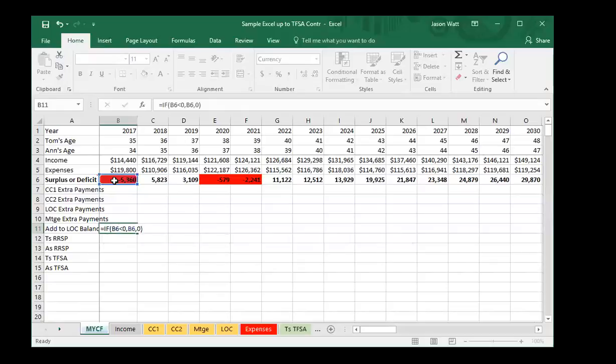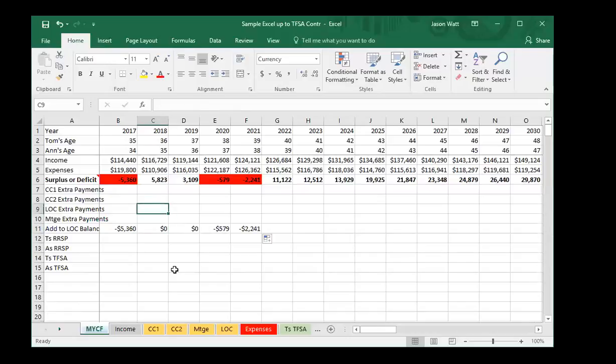And otherwise, it's just going to be 0. So we can just run that out over a few years. We make sure that works. Hey, perfect. So we're not going to touch the line of credit balance in a year when we have a positive balance here, but in a negative balance here, we're going to dump that onto the line of credit.